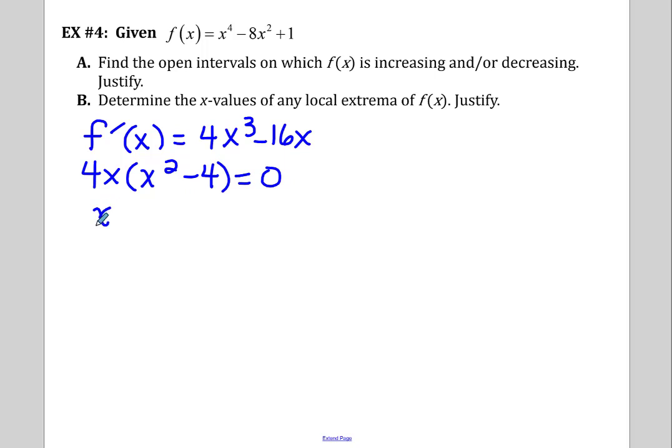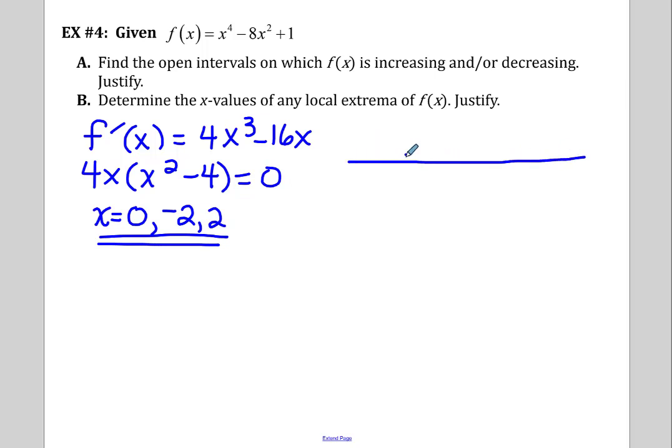Solve for the critical numbers. And use these critical numbers to create a sign chart. So my sign chart, again, is going to be divided by -2, 0, and +2. And I want the behavior of the derivative on the top part and the behavior of the function on the bottom part, because I know the derivative is 0 at these 3 critical numbers.